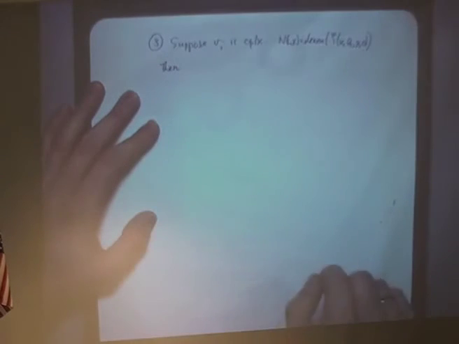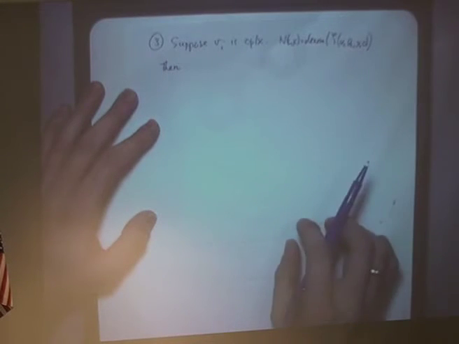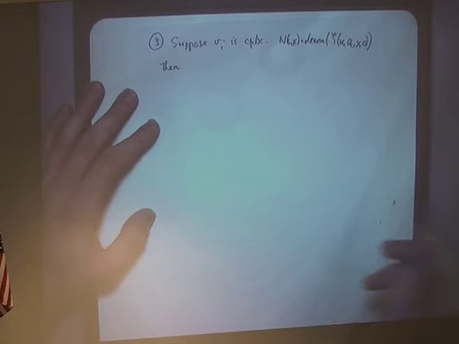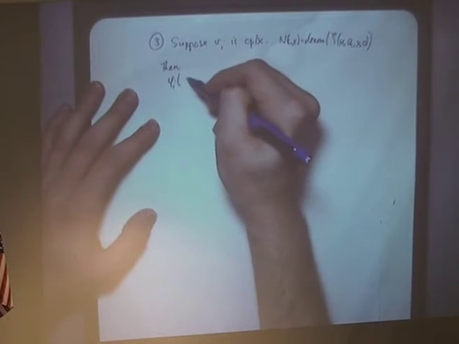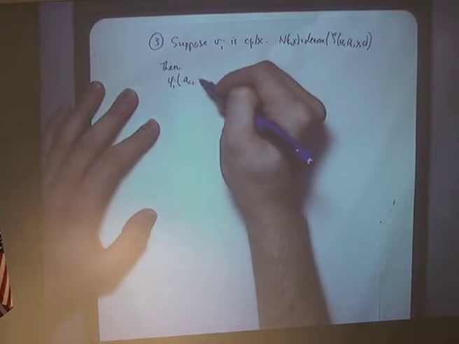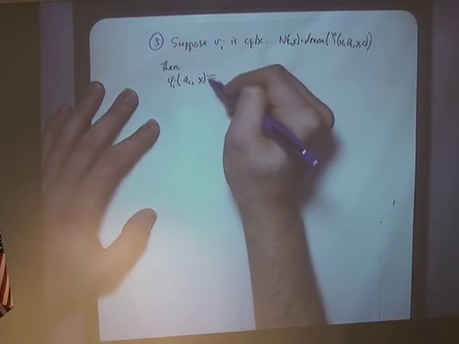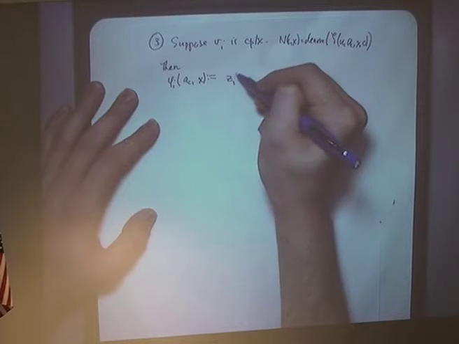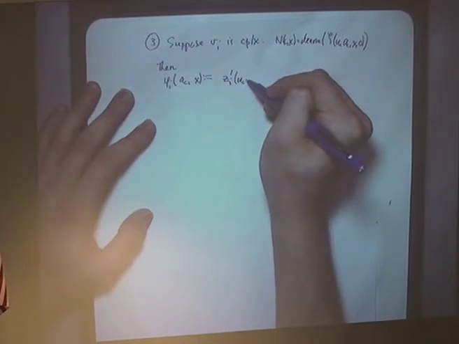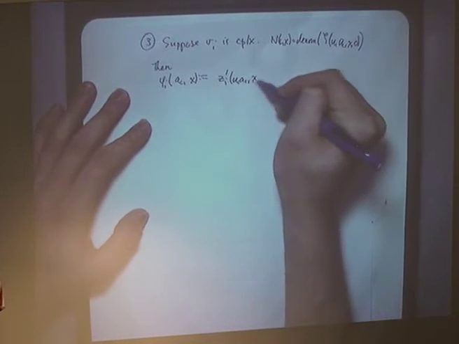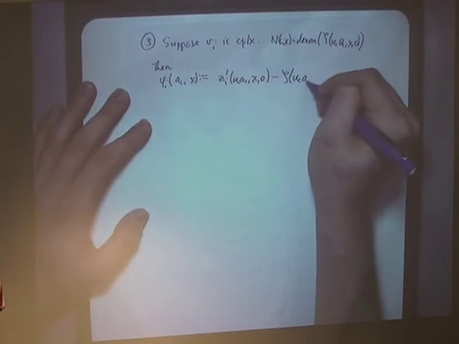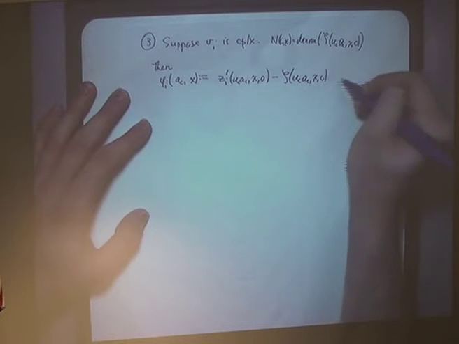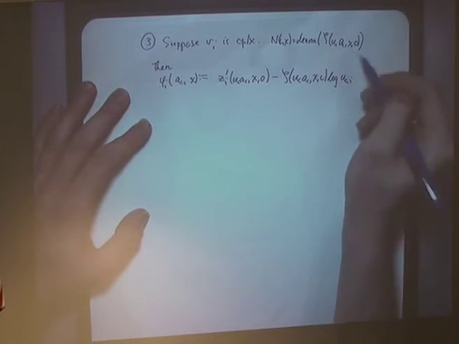Then the dependence. Well, let's first look at the dependence on the choices of these complex numbers u. Let me define phi of AC x to be zi prime of UC AC x 0 minus zeta of UC AC x 0 times the logarithm of this complex number UCI.